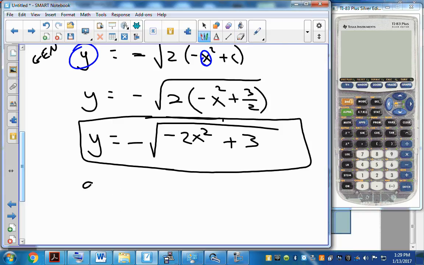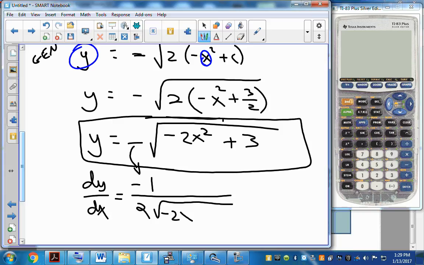Let's see, the derivative of this guy, dy dx. That's a square root function. The derivative of square roots are 1 over 2 square roots, right? So that's from there. 2 square roots is here, minus 2x squared plus 3. But then you have to use the chain rule. Got to take the derivative of the inside, which is -4x.